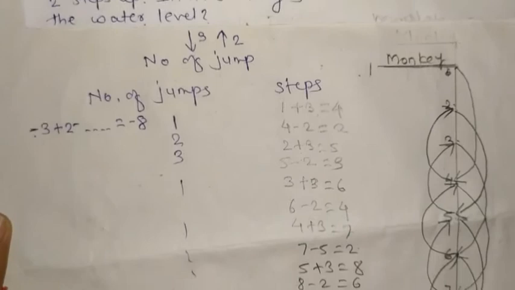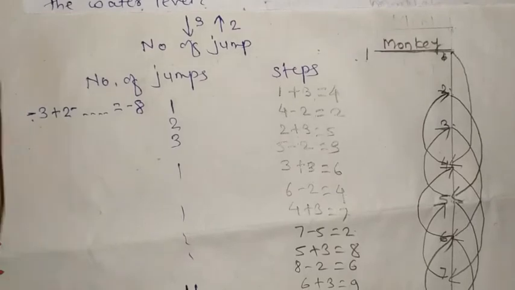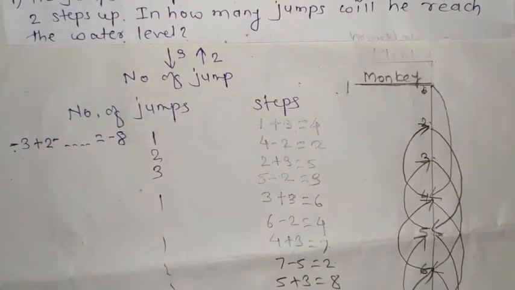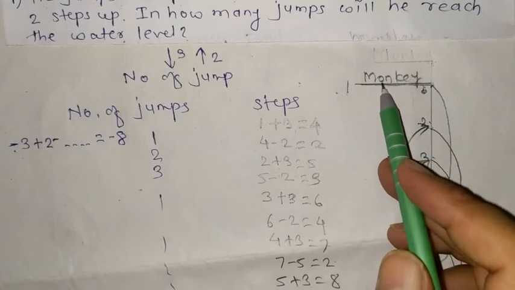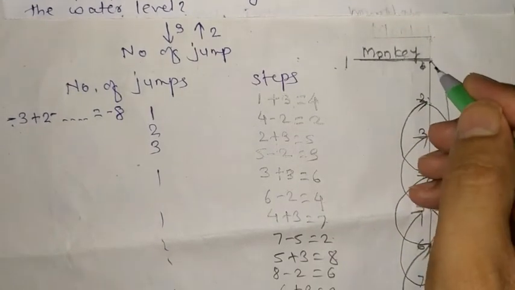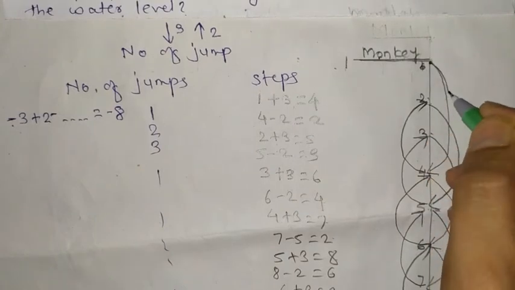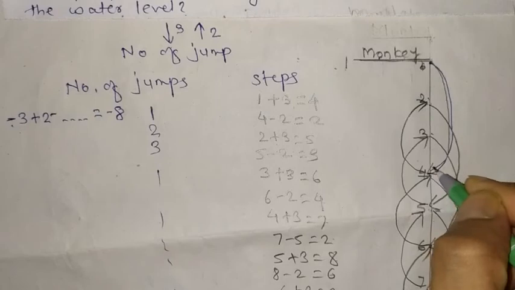Now see this diagram carefully from the upside, because in this question the monkey is present at the topmost and going to the downside. Initially the monkey is present at step 1 and then the monkey will go to step 4.